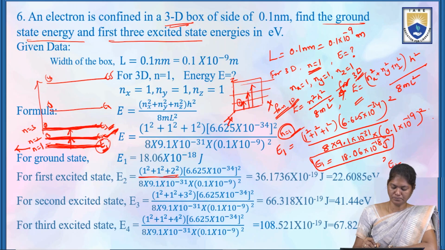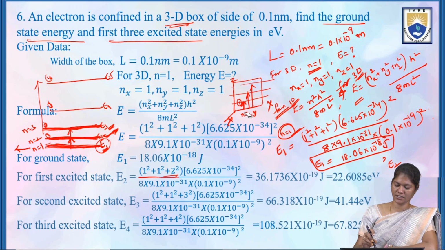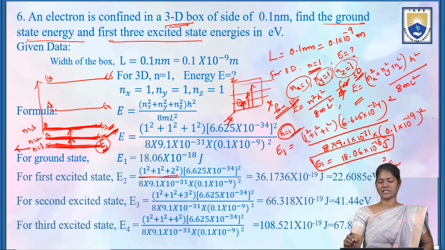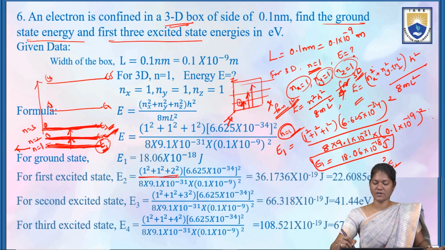So nx is equal to 1, ny is equal to 1, nz is equal to 1, all along the x, y, z axes. n is equal to 1 when it is in the ground state.